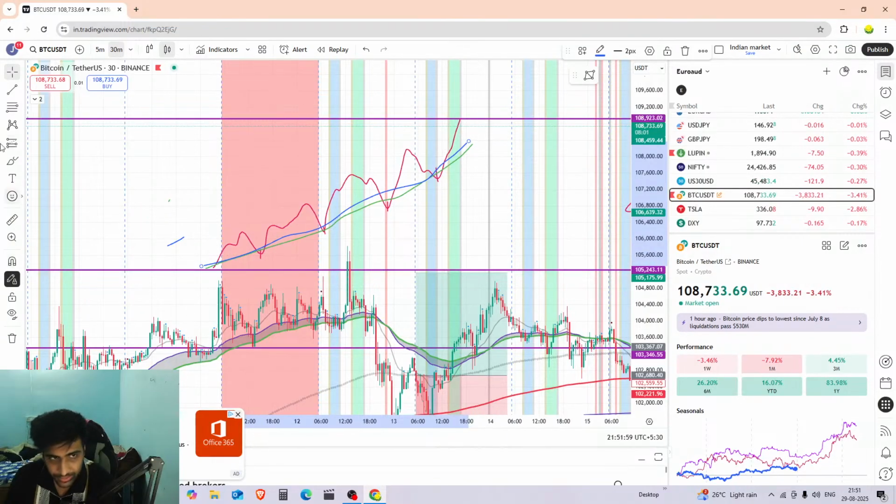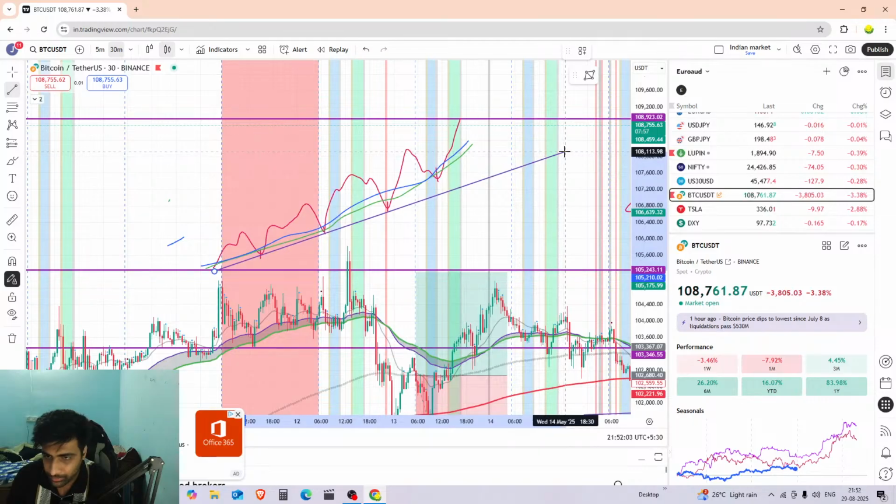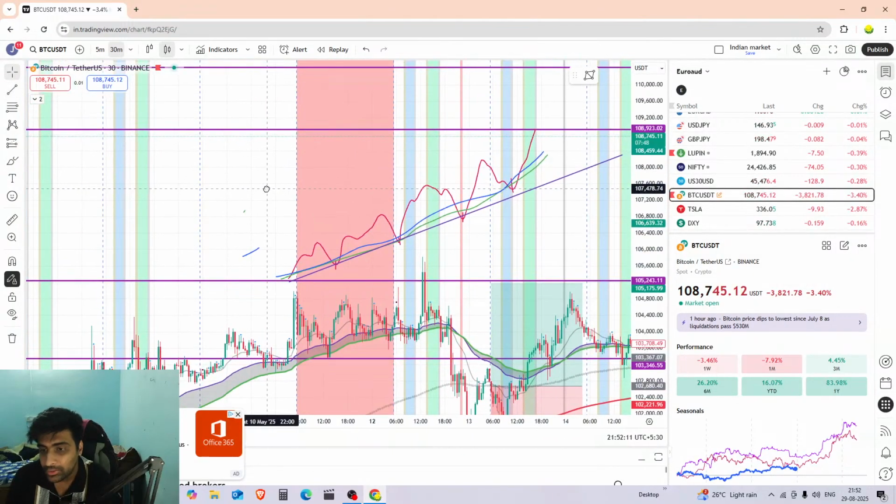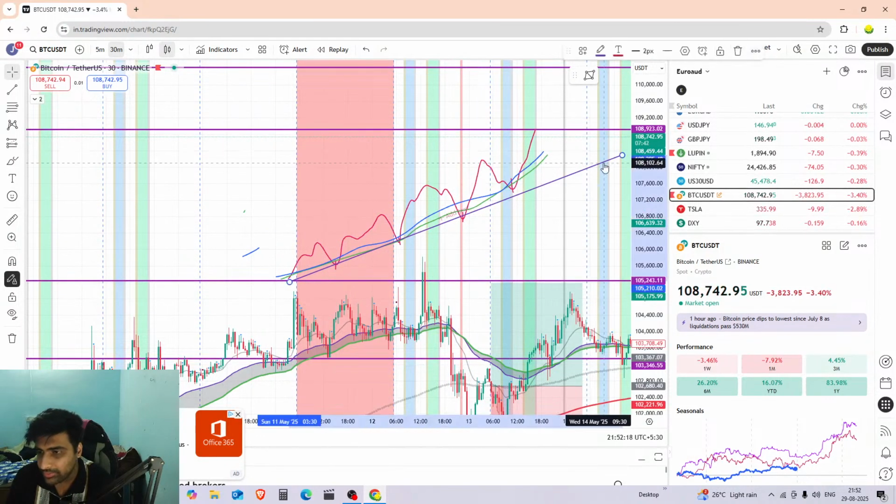Now in case of BTC and gold, usually when the trend is up, it goes up wildly, it doesn't come down. If the trend is down, it goes down like crazy. So this is your trend line. If you plot a trend line, you'll be getting it like this. We don't care about trend line for now.